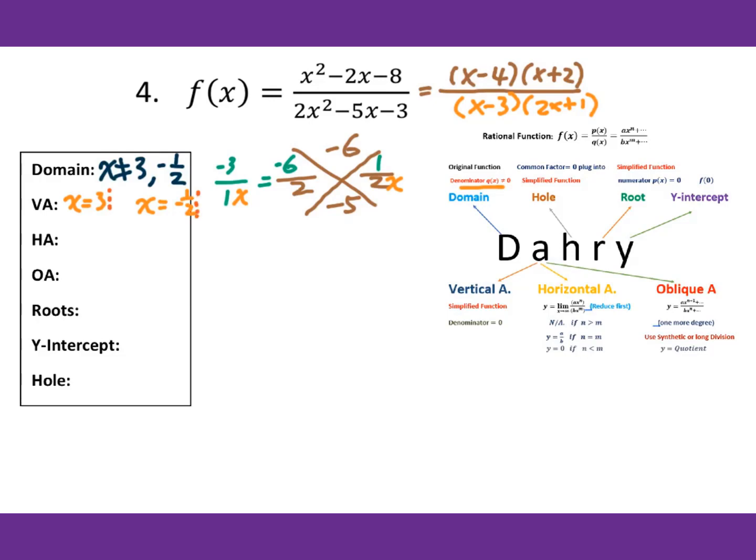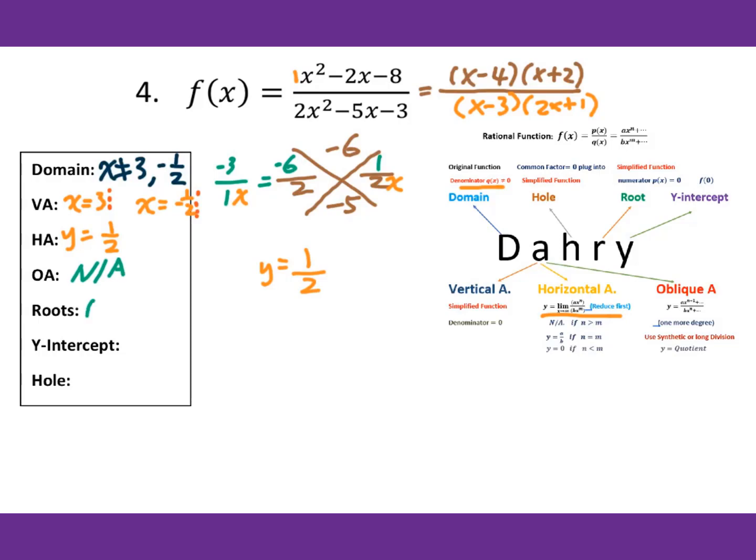For the horizontal asymptote line, we do the limit. Check the ratio of the leading terms. That will be 1/2. So y equals 1/2 will be the horizontal asymptote line. Oblique asymptote line is not available.